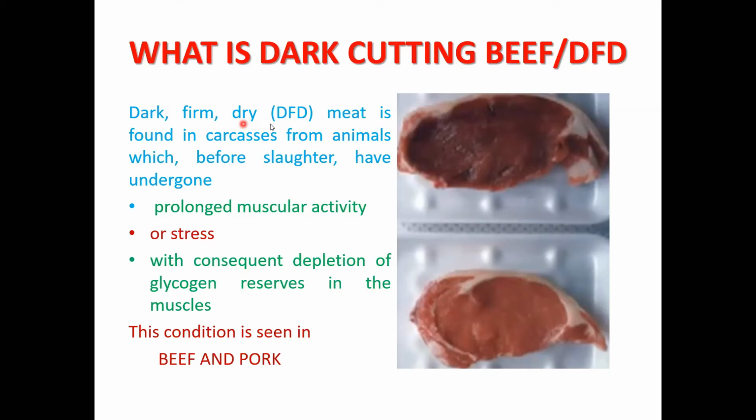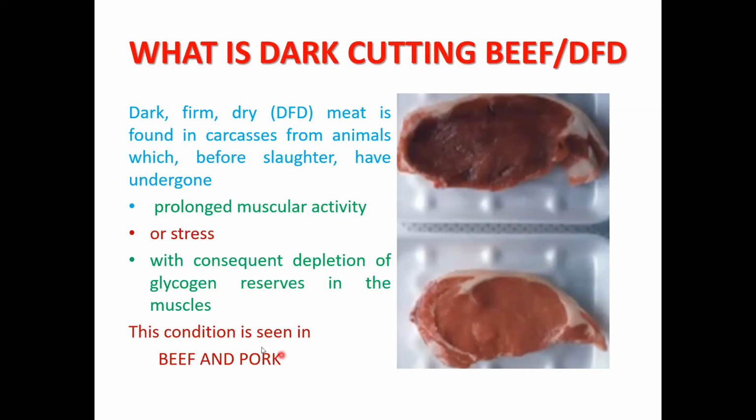DFT meat is found in carcasses from animals which, before slaughter, have undergone prolonged muscular activity. If you put the animal under more muscular activity without proper feeding, or under a long duration of stress before slaughter, we can come across this DFT condition.